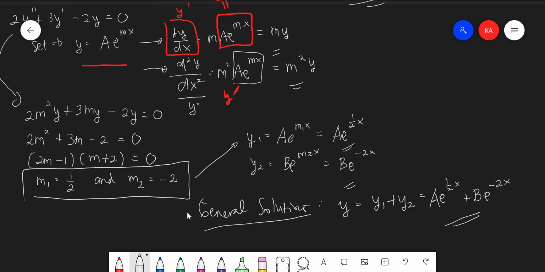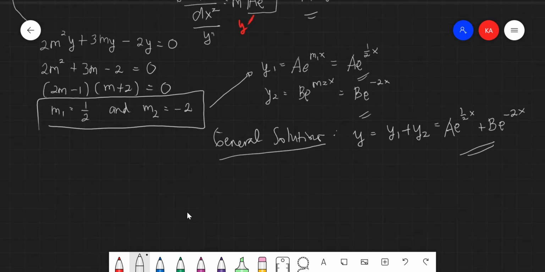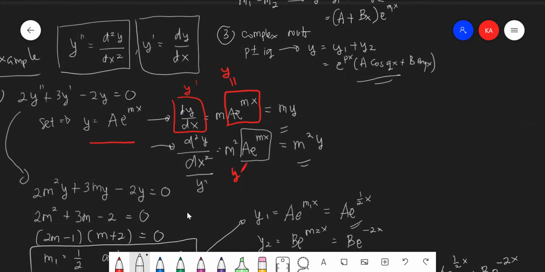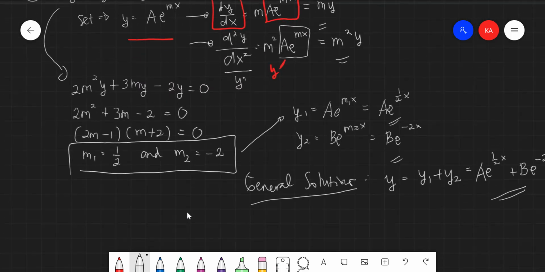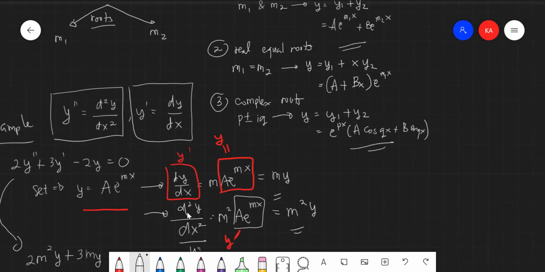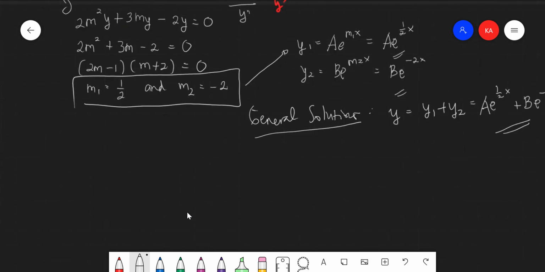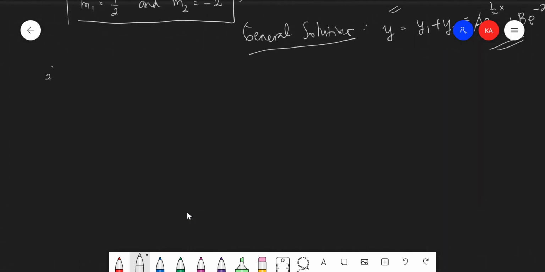Okay, so this is the first example, and this is the second example. We try to find if they have equal real roots. So this is number 2: y double prime minus 2y prime plus y is equal to 0.